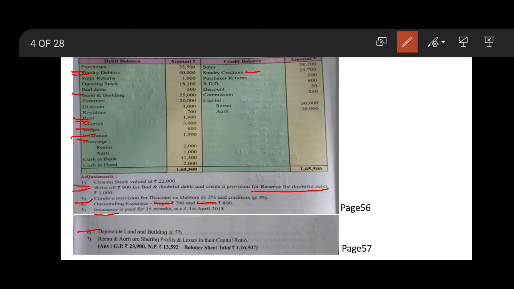See, the last adjustment is regarding profit sharing ratio. Reena and Aarti share profits and losses in their capital ratio. You can find capital balances here of Reena and Aarti. I'll calculate the profit and loss ratio here based on their capital balances. Reena's capital is 50,000 and Aarti's capital is 30,000.